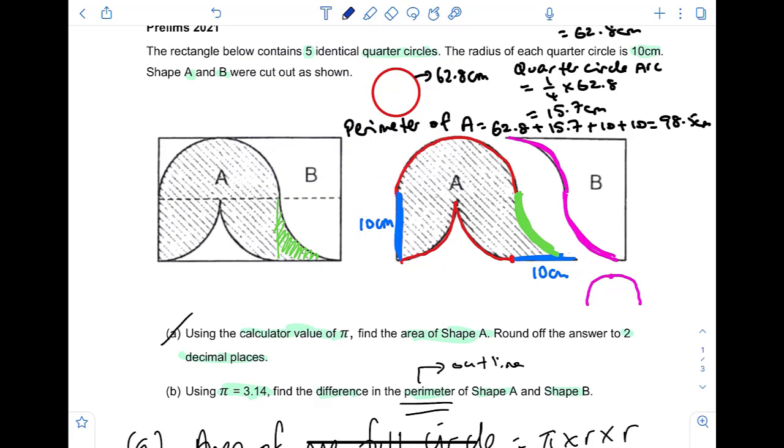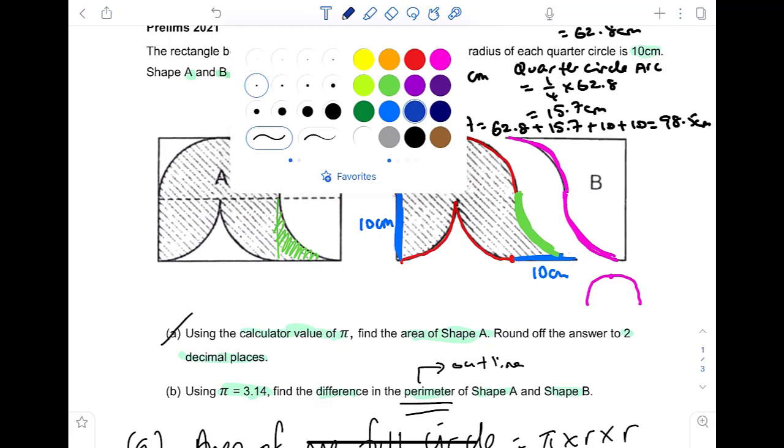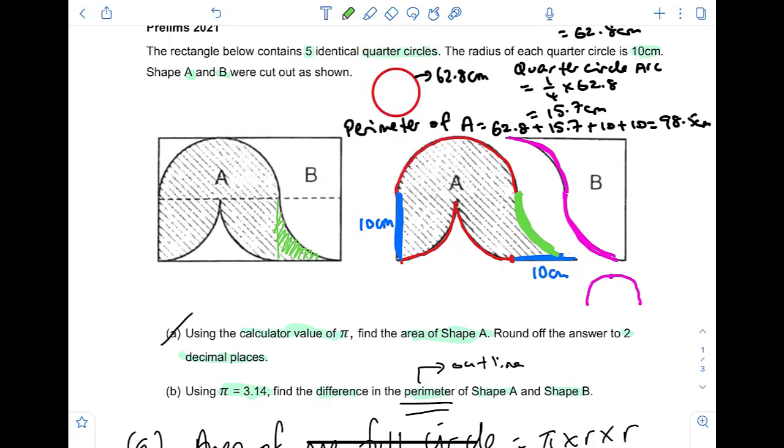So for shape B, we have a semicircular arc, plus we also have straight sections. We have here 10 plus 10 plus 10 plus another 10. So there are 4 of them. Basically, a semicircular arc plus 4 radiuses for shape B.